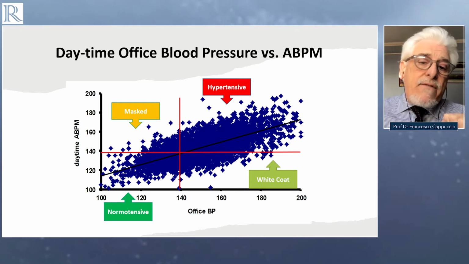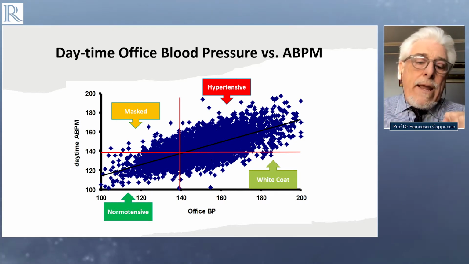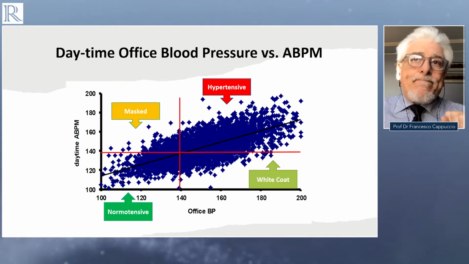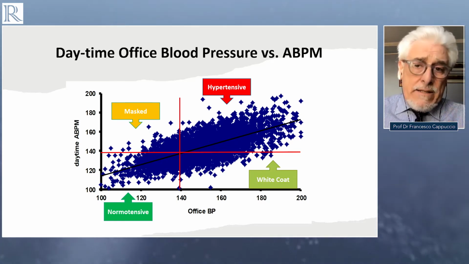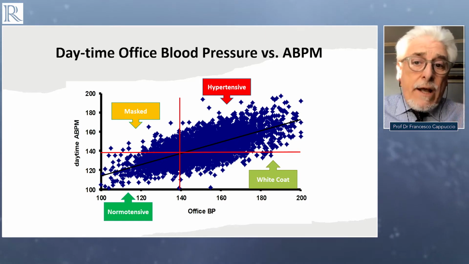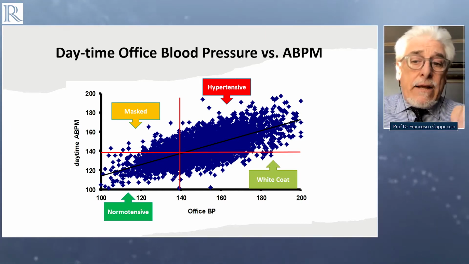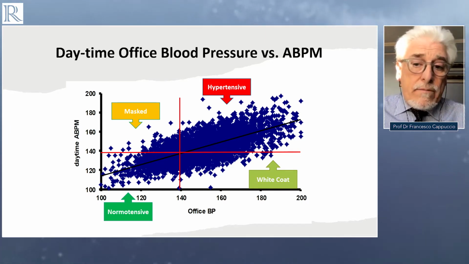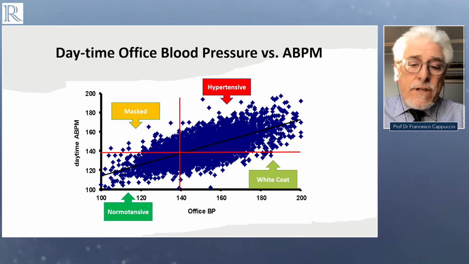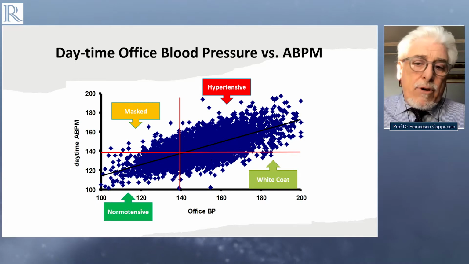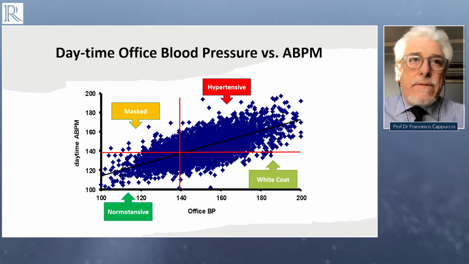And then we can define two additional groups: the white coat hypertension, where the blood pressure in the office is high, but outside the office is normal, either with 24-hour blood pressure monitoring, or, as in clinical guidelines, we can approximate using home blood pressure readings.